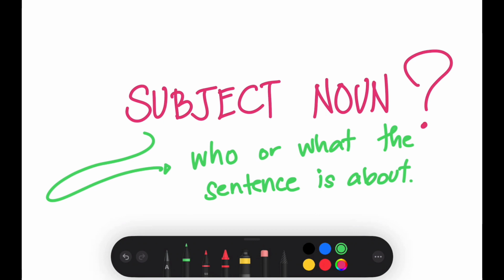Now, simply, I call subject nouns the bida, the action star ng sentence. Why is it the bida? Because the subject noun is the one who's doing the action. It is basically who we're talking about. Sinong pinag-uusapan sa sentence? Kinsay gistoryahan sa sentence, right? So, basically, ang subject noun is the one doing the action.